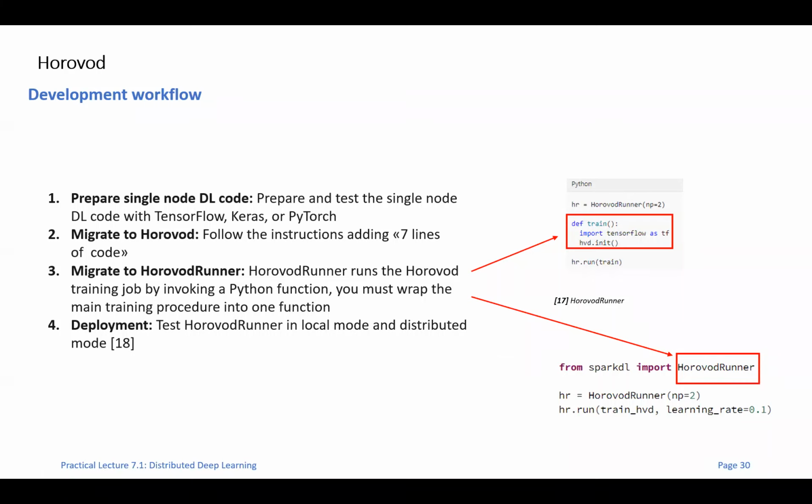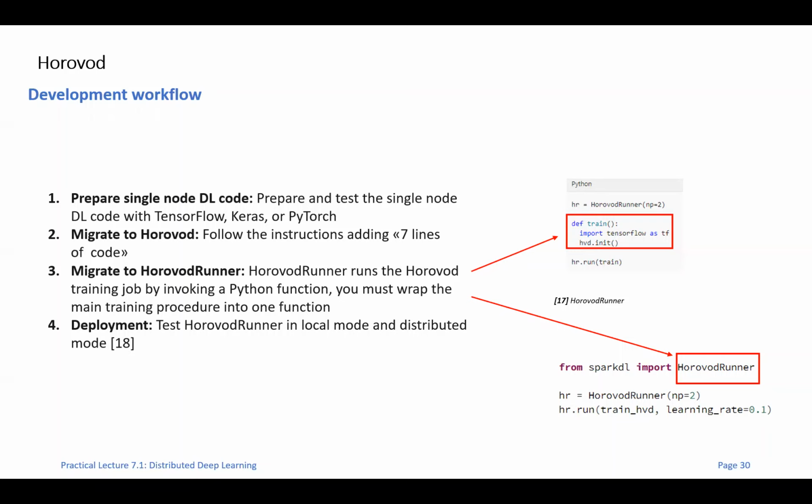It's basically because you don't need to refactor your code. You just need to have your PyTorch or TensorFlow code, for example, that works on a single GPU, and you just need to add 7 lines of code to port it to a setting where you have multiple GPU devices, which is very good.